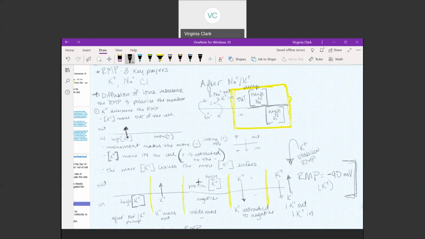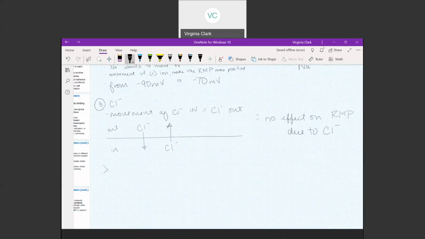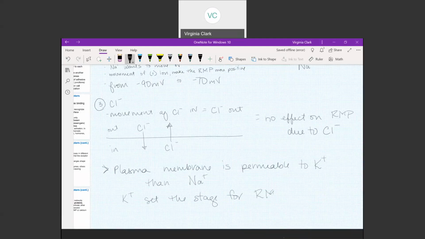The reason this occurs is the plasma membrane is more permeable to potassium than it is to sodium, meaning the plasma membrane likes potassium way more than it likes sodium. So that is why potassium will set the stage for the resting membrane potential, because it actually moves through the plasma membrane better.